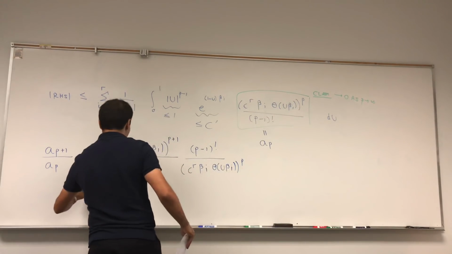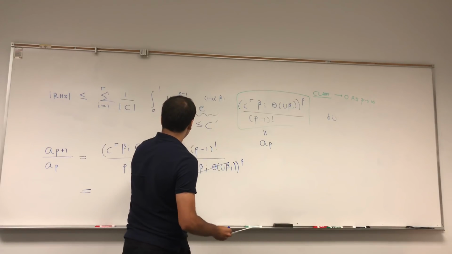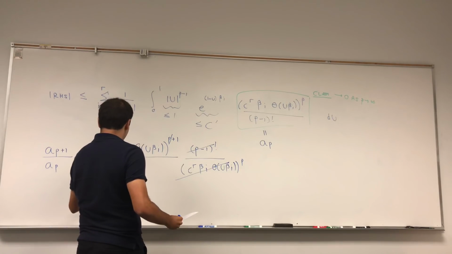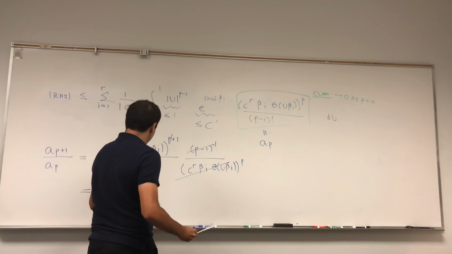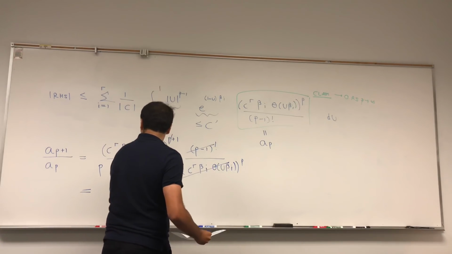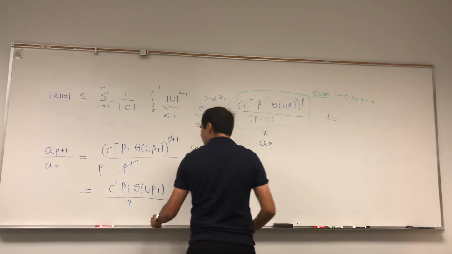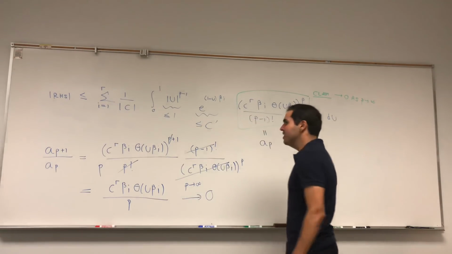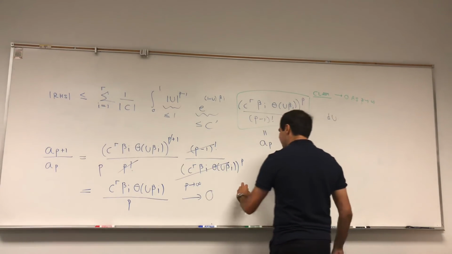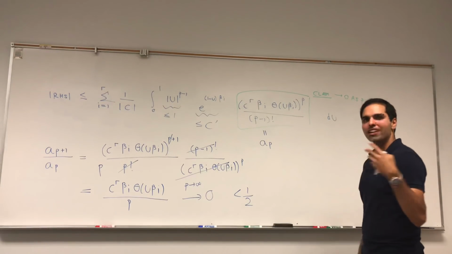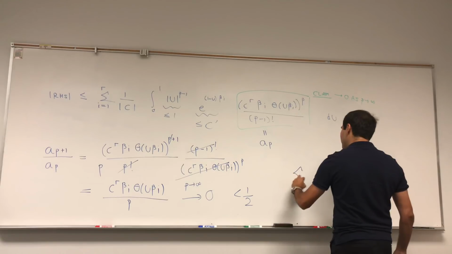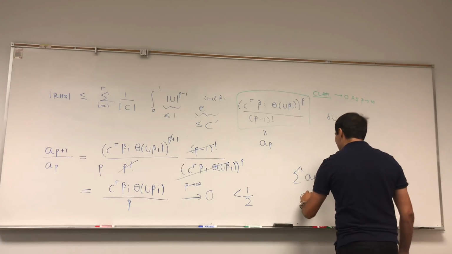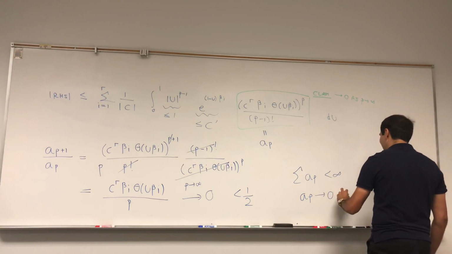Most things cancel out, so this p cancels out with this p here, this cancels out except with a p. And you're left with c^r beta_i, theta u beta_i, over p. And the point is, this goes to 0 as p goes to infinity. In particular, you can make this less than 1/2. And therefore, by the ratio test, the series of A_p converges. And so by the divergence test, we need to have that A_p goes to 0 as p goes to infinity.